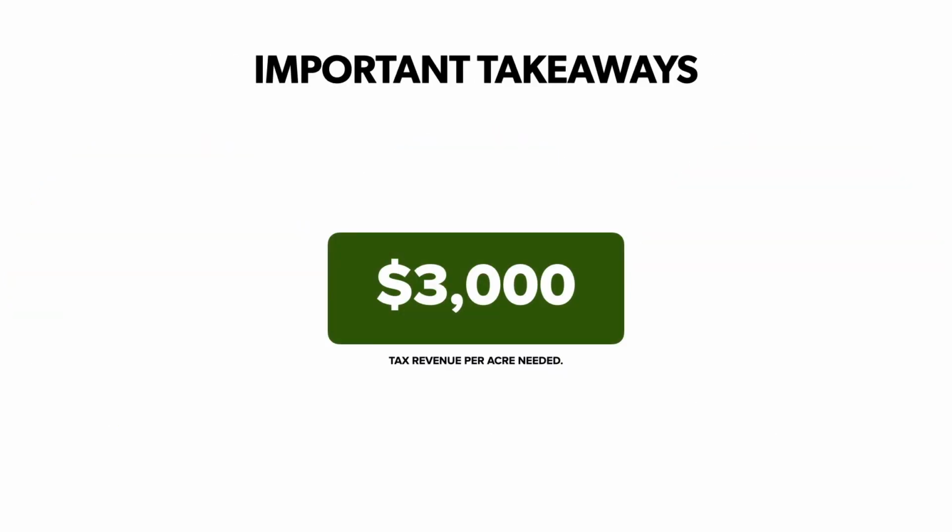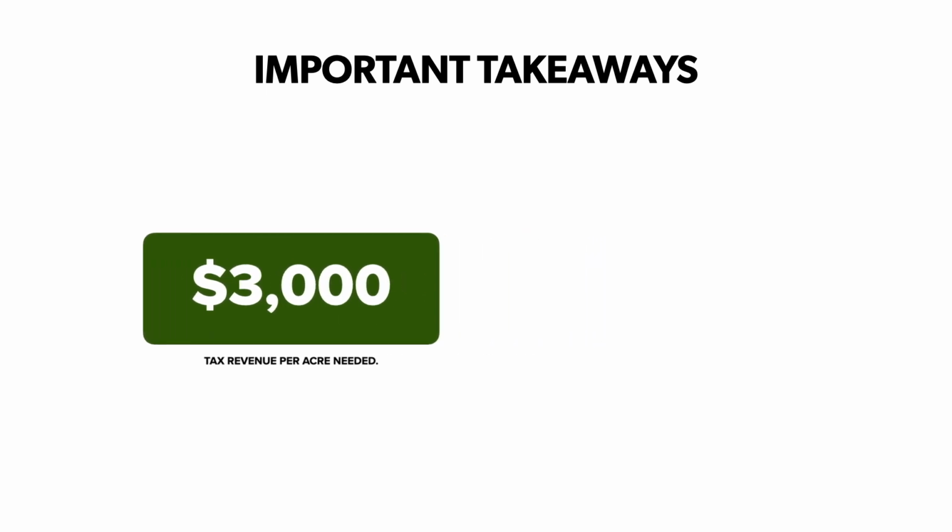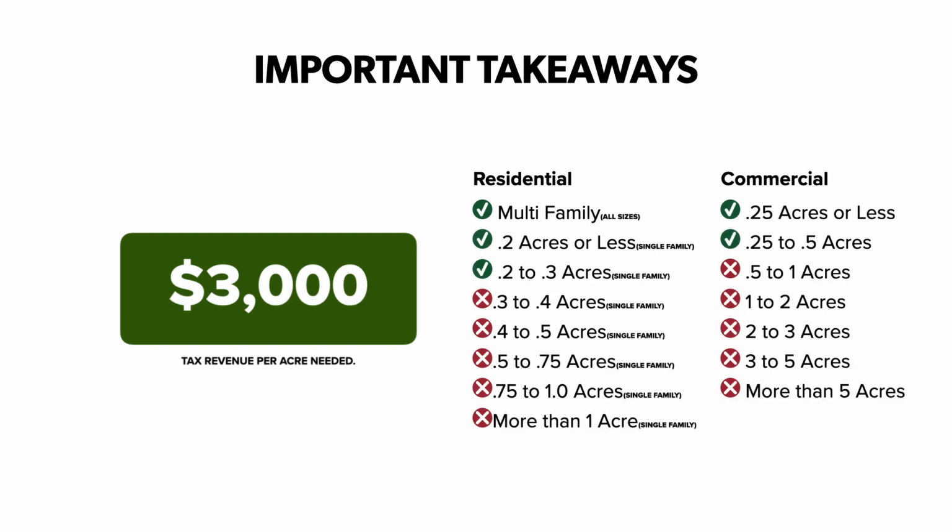There are a couple of major takeaways from the analysis that are important to note. First, the city needs to earn an average of $3,000 of property tax revenue per acre across the city to ensure that it can cover the cost of infrastructure maintenance in the future. What we found was that with regard to residential development, only multifamily development and single-family development under 0.3 of an acre produced at least this much revenue per acre.